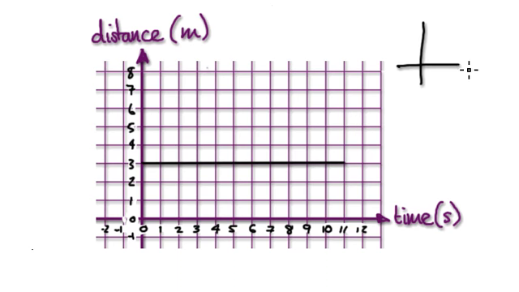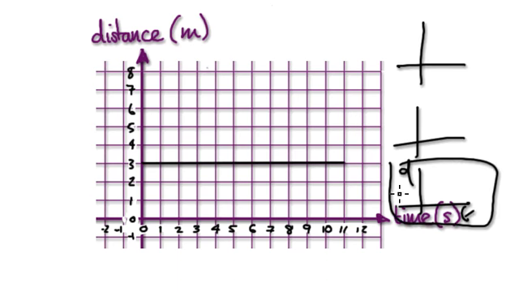Remember, when given a distance time graph, the gradient represents the speed. The gradient here is 0, so the speed here is 0. The gradient here is also 0. So the car is stationary, and the answer is they're both the same. They're going at the same speed, and the speed is actually 0.